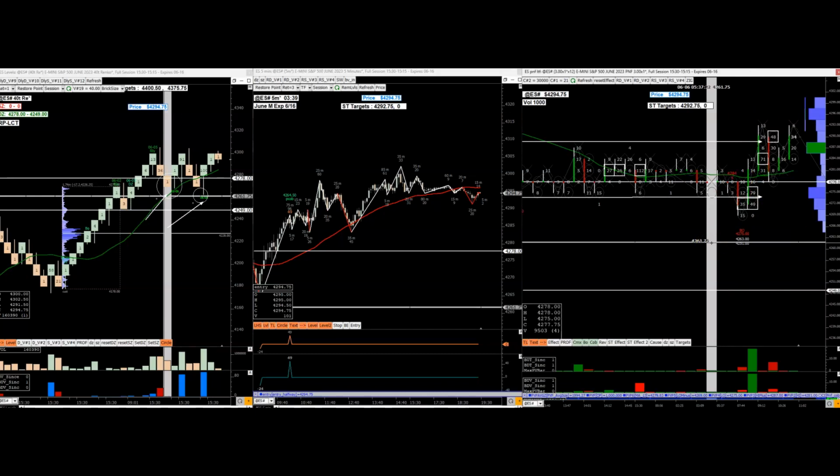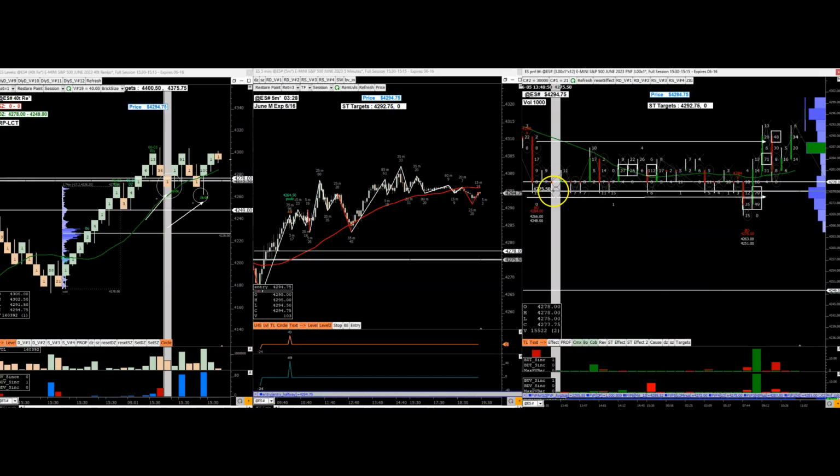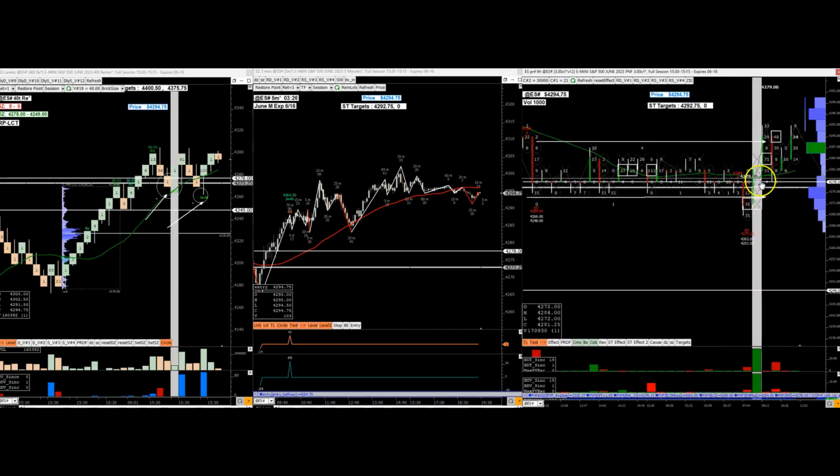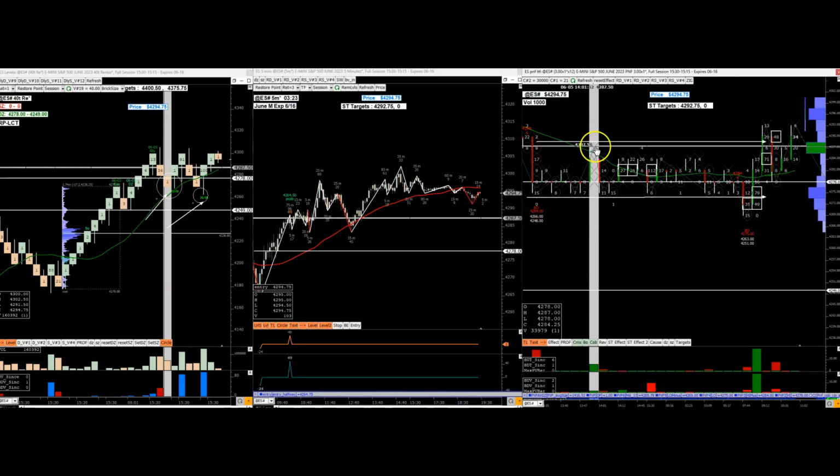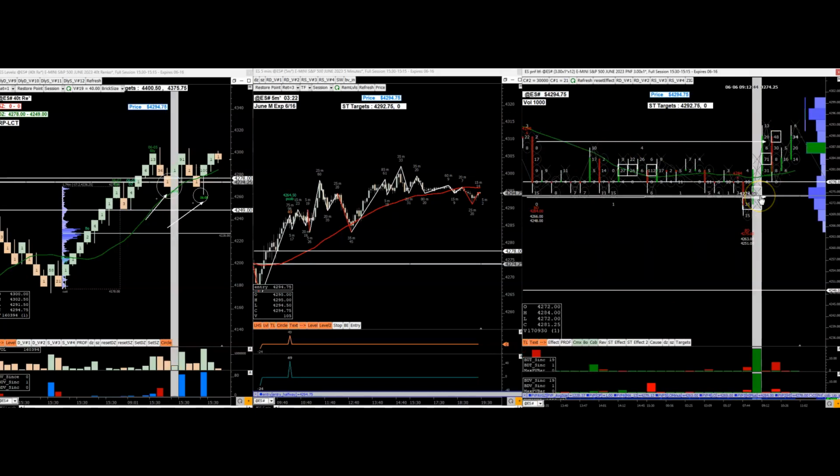So liquidity, spring, whatever you want to call it, was all grabbed right there. And then it goes up. So you see the base, you see the spring, you see the break above this high.